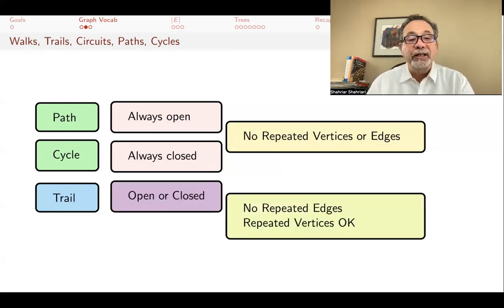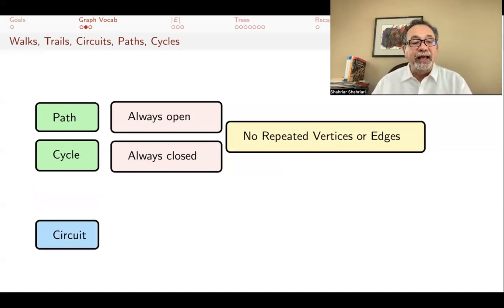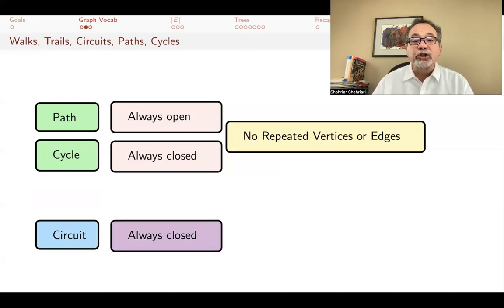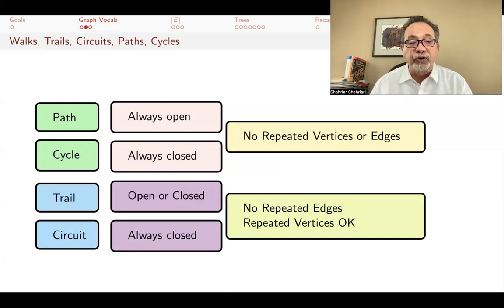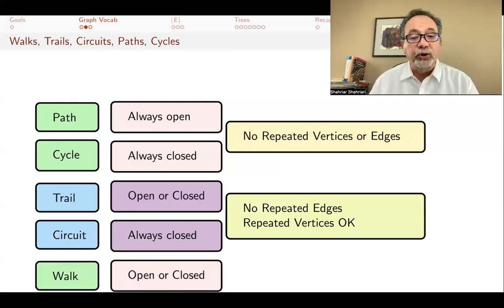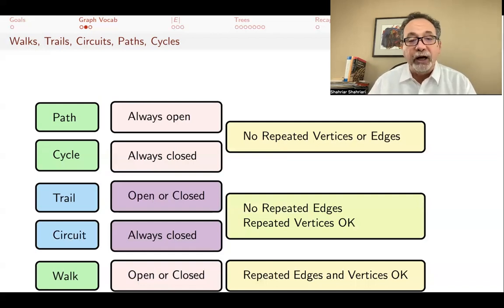You don't have any repeated edges, but repeated vertices are okay. If you have a repeated edge, by the way, you will have to repeat a vertex. But if you repeat vertices, you don't necessarily have to repeat edges. A circuit is always closed, and has no repeated edges, but you allow repeated vertices. And the most general thing of all is a walk, which could be open or closed, and you can repeat anything you want or not.